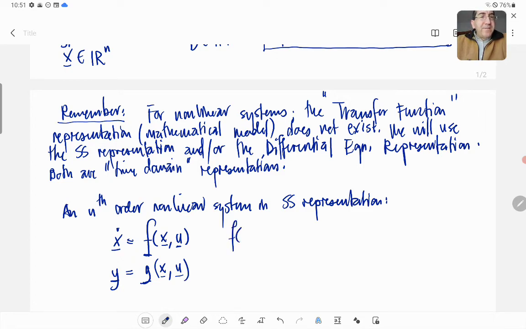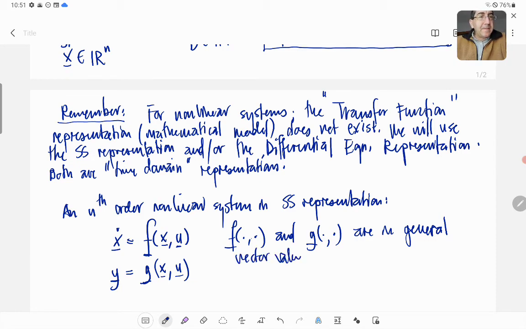The bar indicates a vector valued function. The f and g functions are in general vector valued nonlinear functions of multiple variables.